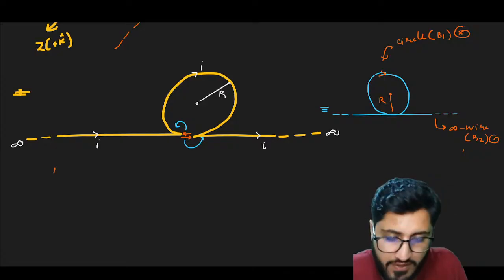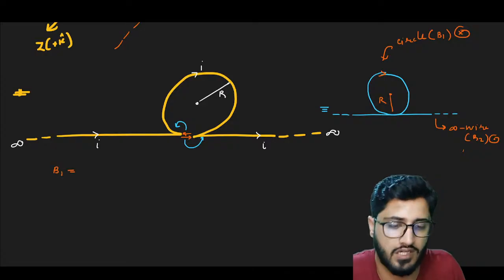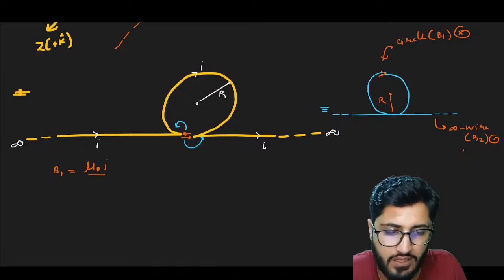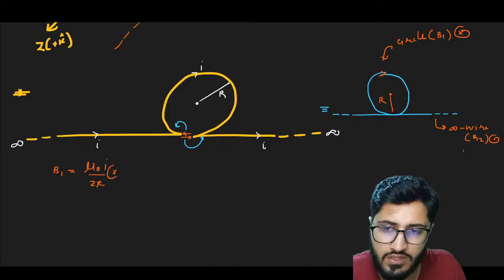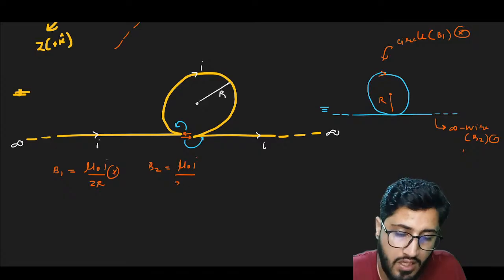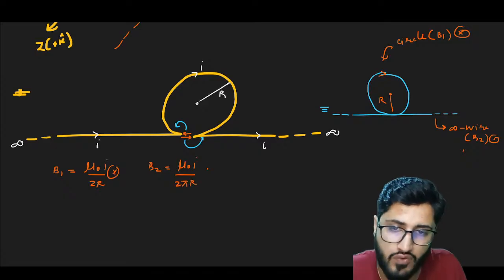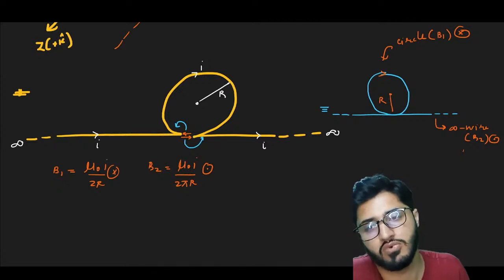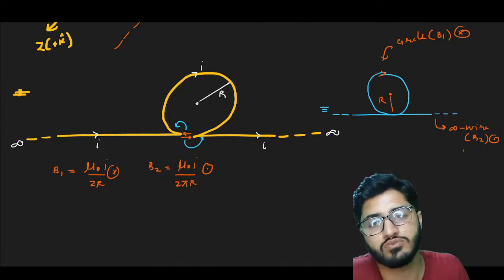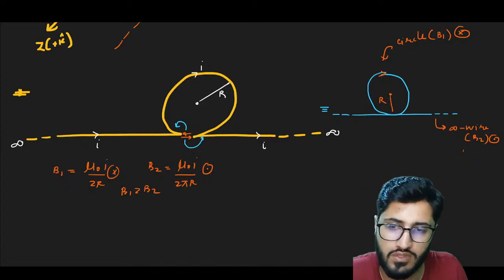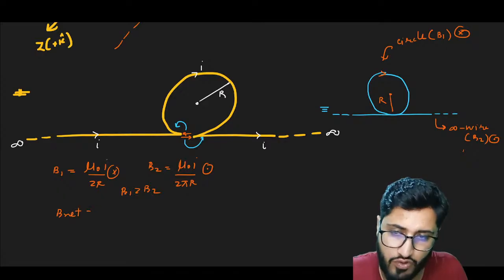So what is B1 now? B1 is the circle one, that is mu naught I divided by 2R, which is cross. What is B2 now? B2 is mu naught I divided by 2 pi R, which is outwards. So you can see now, mu naught I by 2R is more than mu naught I by 2 pi R. So clearly B1 is more than B2. So what is B net now? B net would be B1 minus B2.